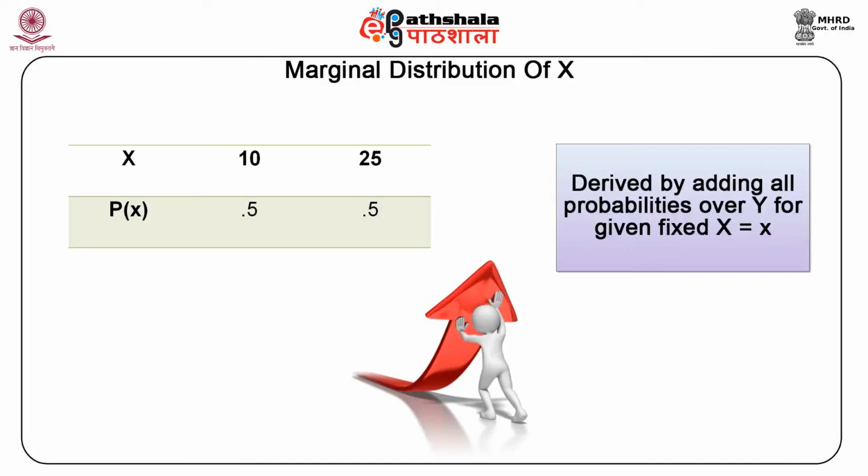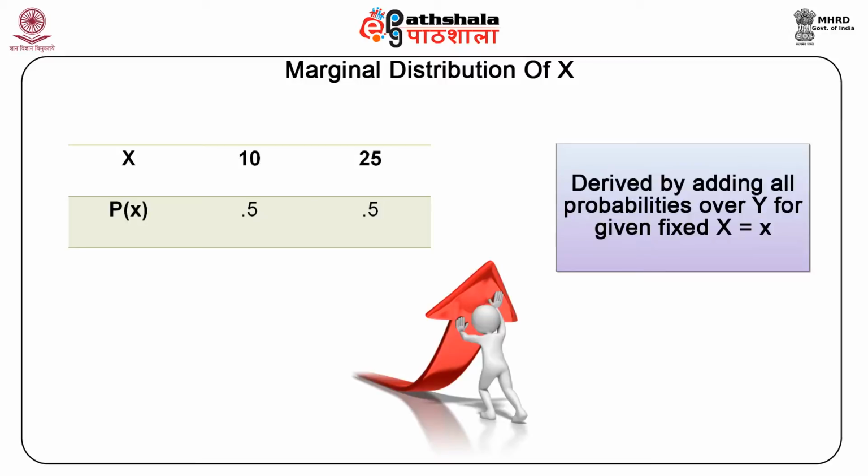That is, for given x equal to 10, we add for y equal to 0, 10, 20. That is, p(y=0) plus p(y=10) plus p(y=20), which is equal to 0.20 plus 0.10 plus 0.20, which is equal to 0.50.